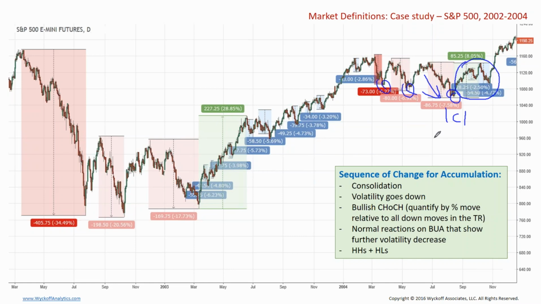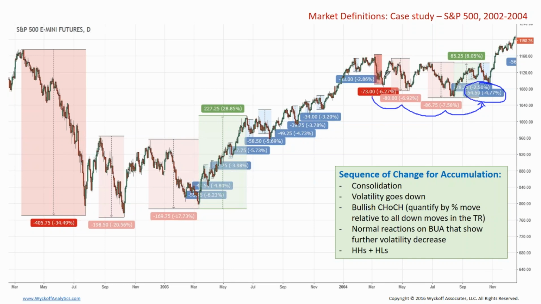But on the supply and demand side, what we would be interested in is a decrease in volatility if this is a reaccumulation, and an increase of volatility to the downside and decrease of volatility to the upside if this is a distribution. And we're seeing here how volatility is actually slightly increasing, and then on the next reaction, decreasing.